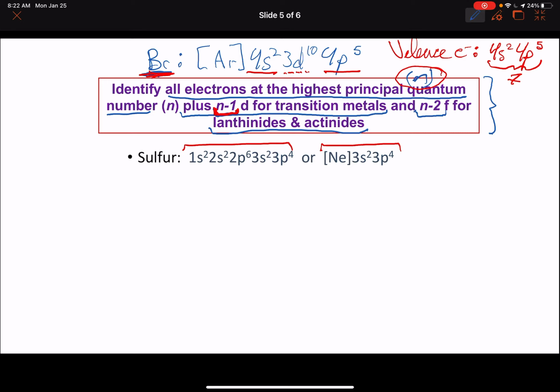So we're not going to apply an n-1 kind of formula to help us include d orbitals in the valence listing. So we're simply going to identify the highest numbers. So 3p, 3s are the highest numbers in the configuration. We're not going to include any d's. They aren't even in here. So the valence electrons are here.